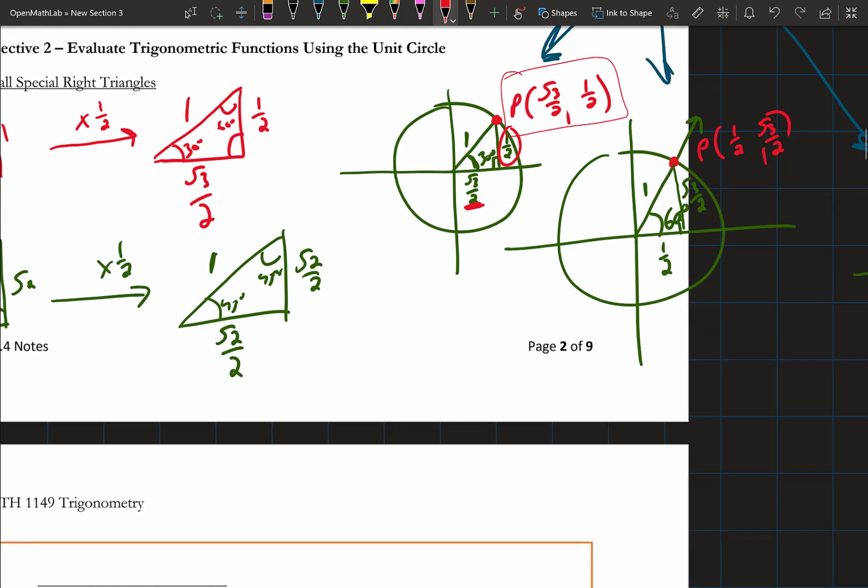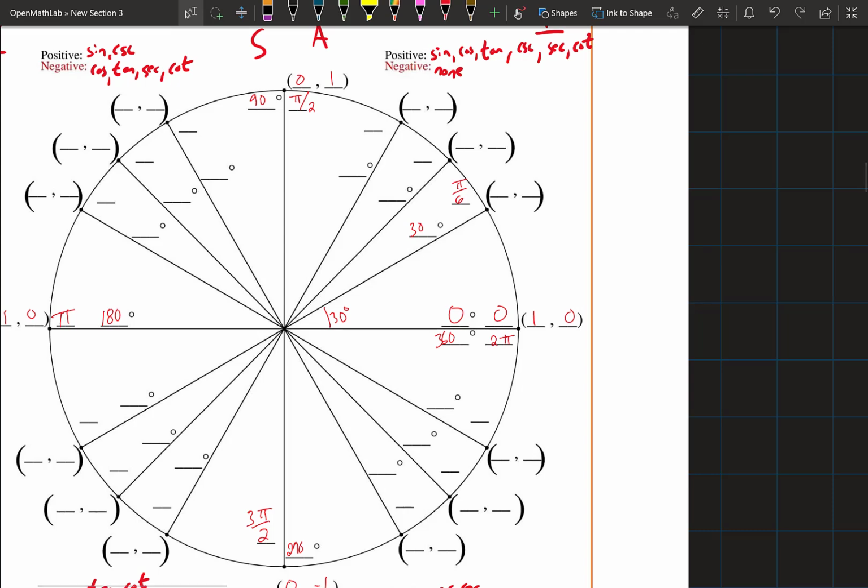We would have radical 3 over 2 and 1/2 for the coordinates. We already did that work. Then the next angle here would be 45 degrees. If this is 45 degrees, remember that corresponds with pi over 4 for radians.